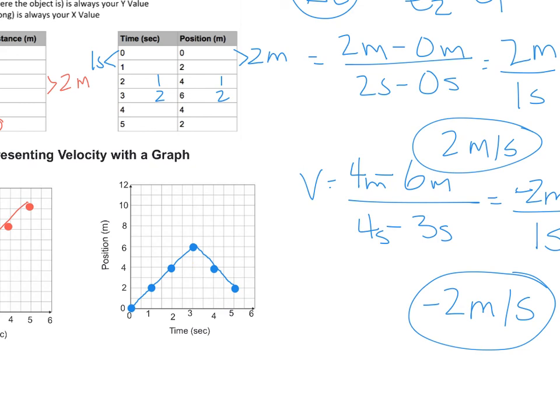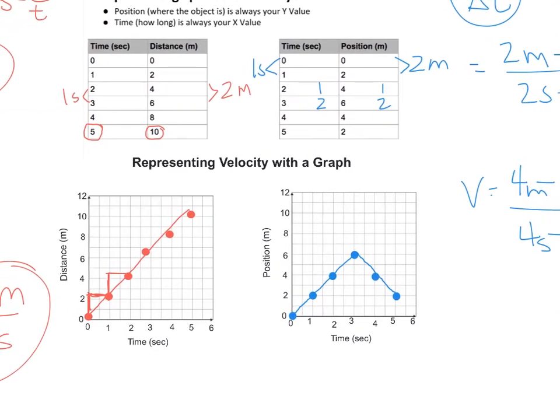The number one misconception that students have about velocity graphs is that in some way the object's motion went up and then down, when in reality the object's motion is away from its starting point and towards its starting point. It traveled away with a velocity of 2 meters per second, and then it turned around and traveled back with a velocity of negative 2 meters per second.